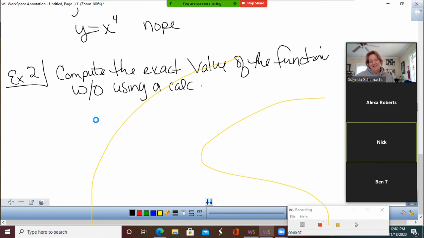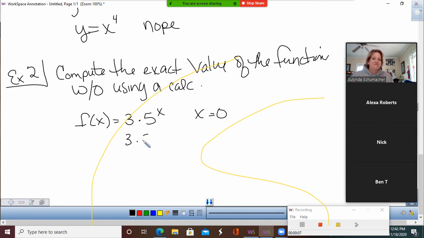You guys can handle this. So if I give you f of x equals, I don't know, 3 times 5 to the x, and I tell you x equals 0, I just want you to plug 0 in for x. So I have 3 times 5 to the 0. Well, what is 5 to the 0? So anything raised to the 0 power is what? That's true. Anything at all raised to the 0 power?